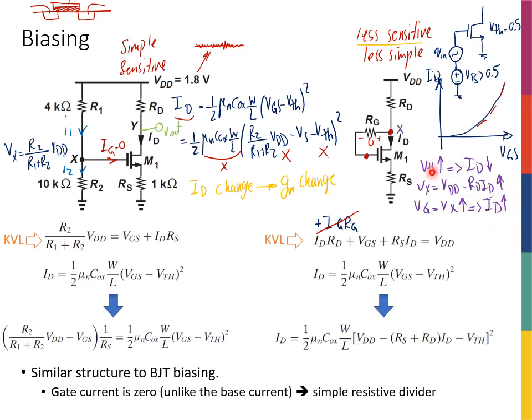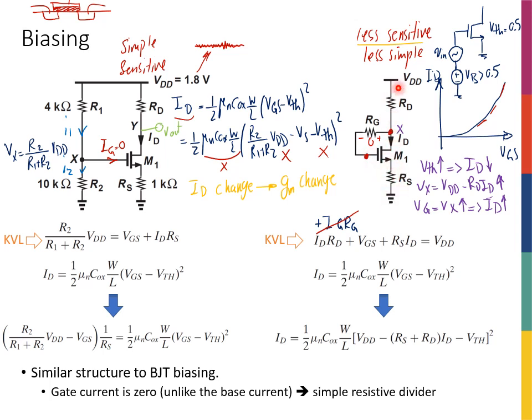And you can imagine that if this VTH was changing, or VDD, or mu n, or W over L, whatever changes the ID, when ID changes, the voltage across here changes, therefore the gate voltage changes, and the moment the gate voltage changes, the ID also changes again, right?